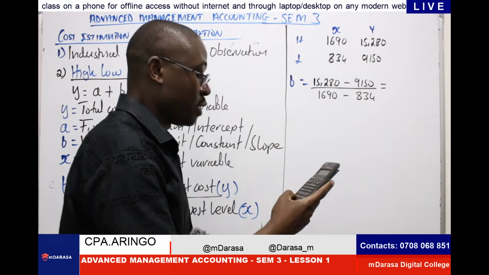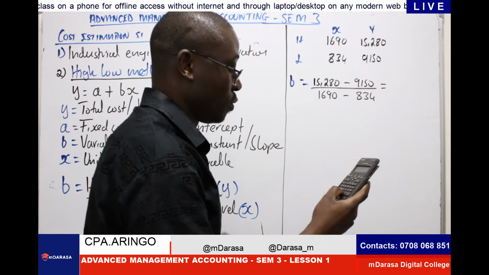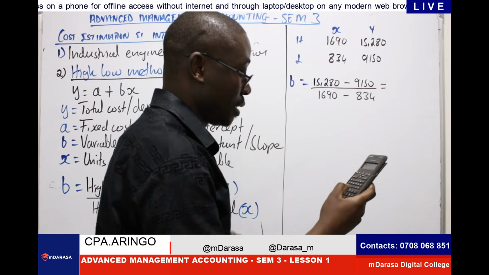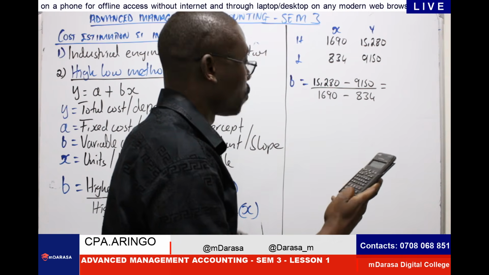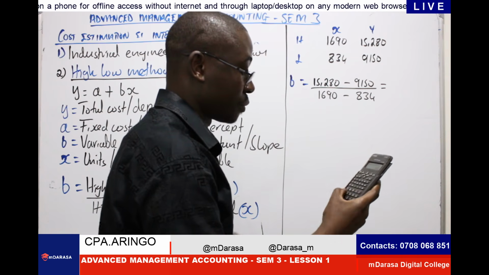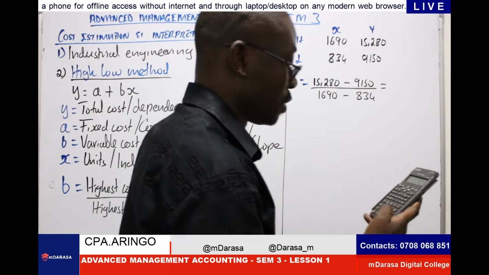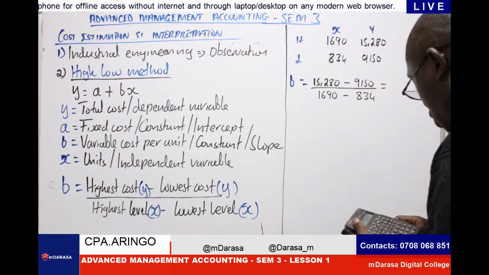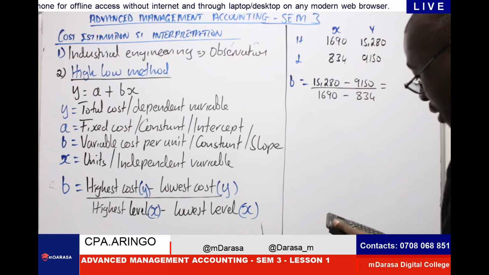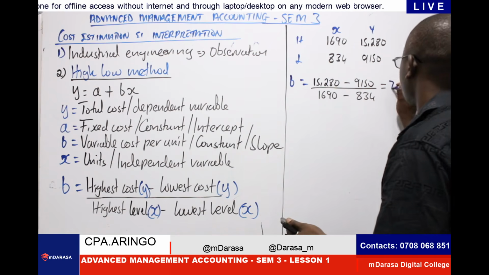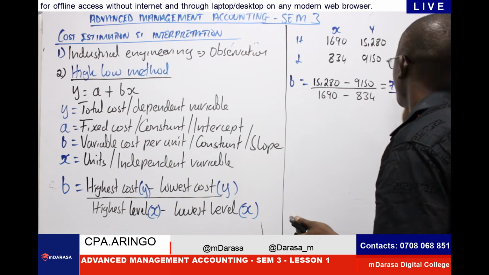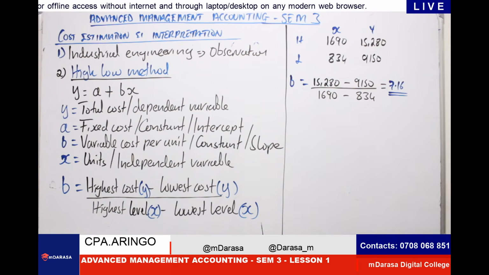So that should be 1580 less 9150, divided by 1690 less 834. See, 834. So in the long run, at this point, I'm getting my value of b to be 7.16. At least 2 decimal places. So once we've established our b, can we now determine our equation?